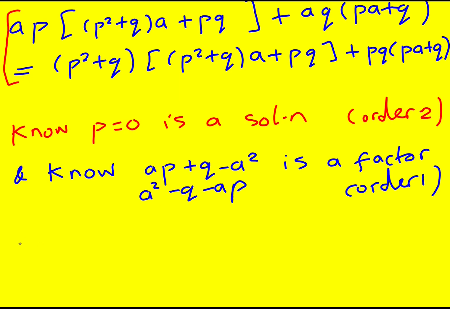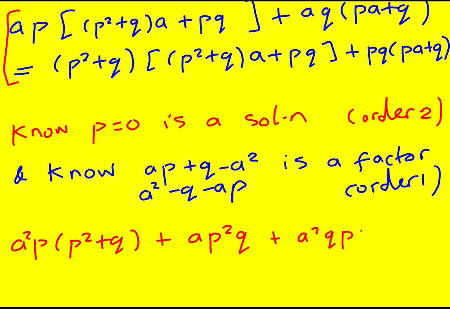Okay, so I'm going to do it bit by bit as well. I'm going to multiply the first square bracket. So AP times P squared plus Q times A, that makes it A squared, plus A P squared Q. Okay, that bit is sorted. Then this next bracket I'm going to multiply out completely, so it will be A squared QP plus AQ squared.